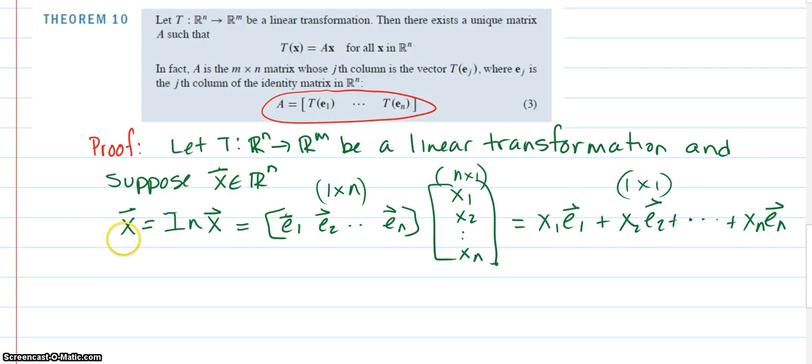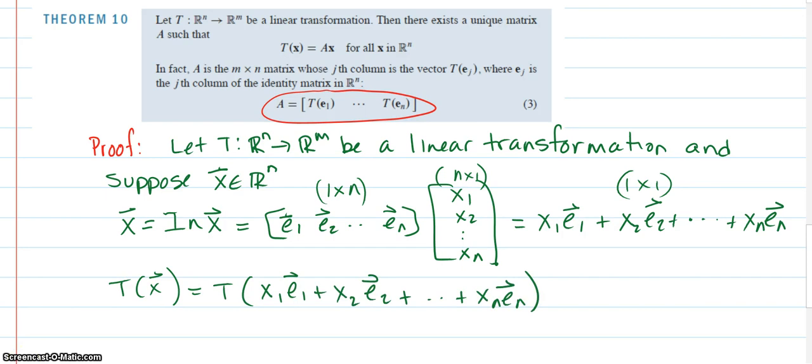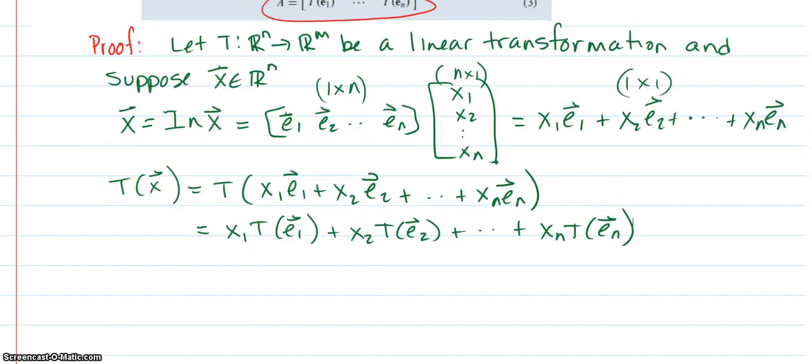Okay, and so now we're going to look at T of x. We're trying to find that formula. So T of x, we know is T of this. And we know that it's linear, so we can split these up: x1 T of e1 plus x2 T of e2, and so on. And we know that we can change this.